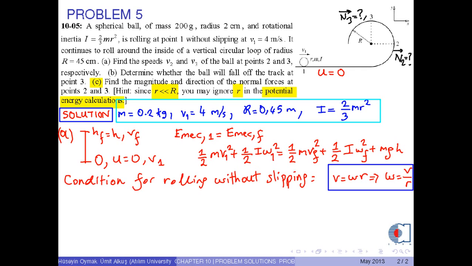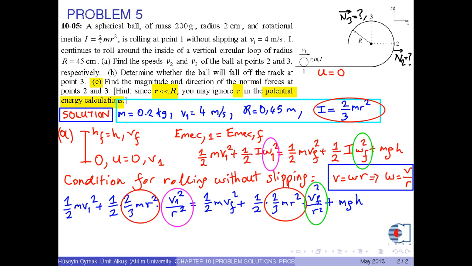Here we use omega equals v over r and I equals 2 over 3 m times r squared.